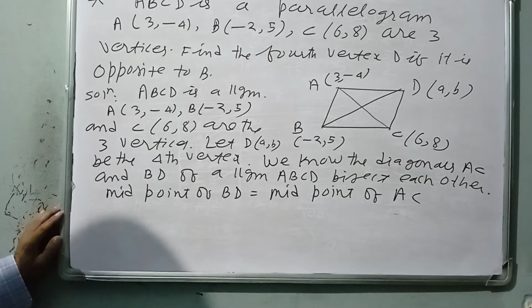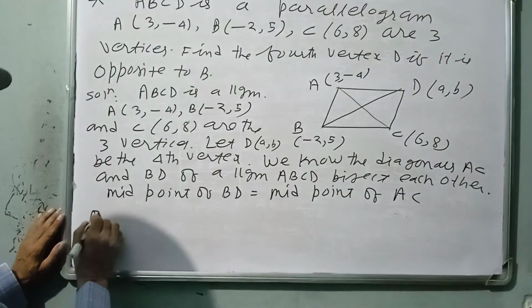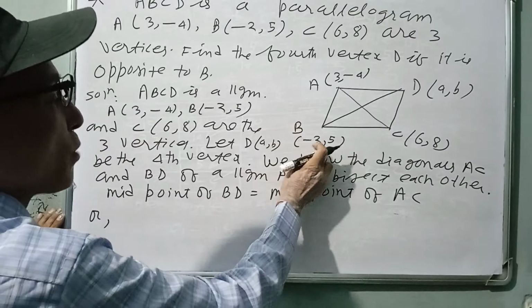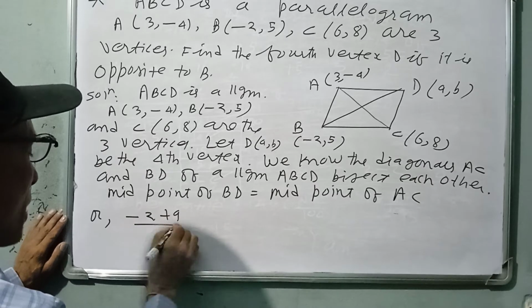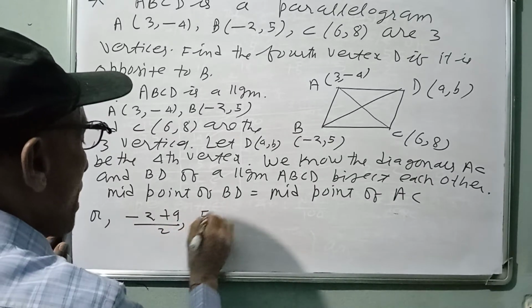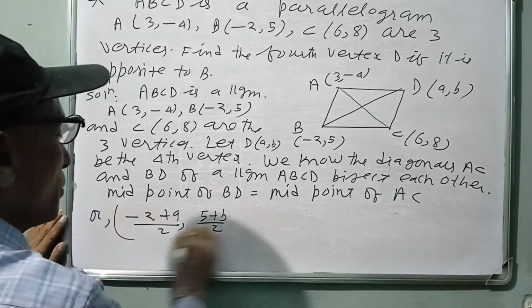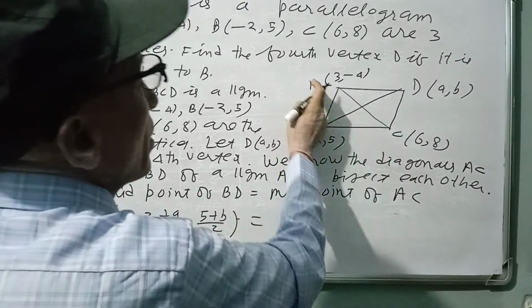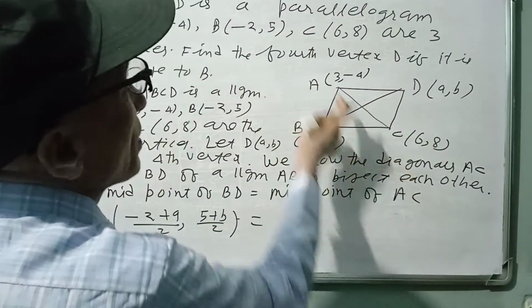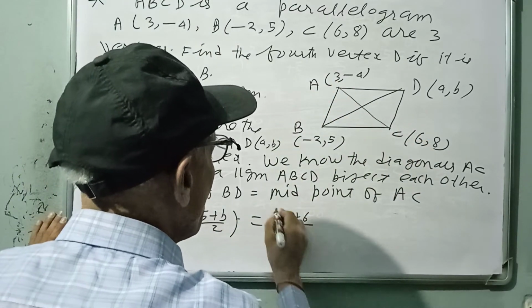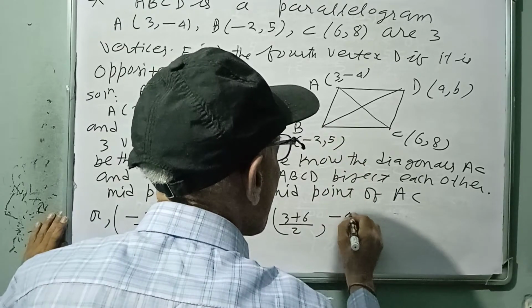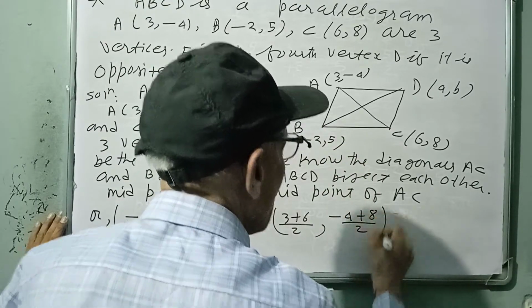What is the formula of midpoint? (x1 plus x2 by 2, comma, y1 plus y2 by 2). For BD, x1 y1, x2 y2. Equal to the midpoint of AC: (3 plus 6 by 2, comma, minus 4 plus 8 by 2).